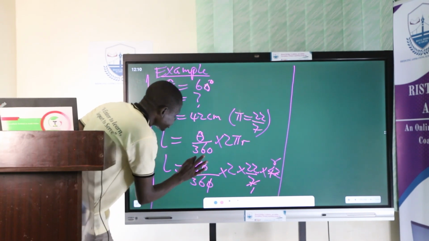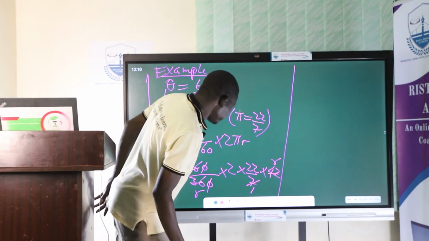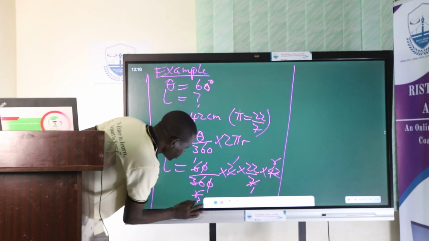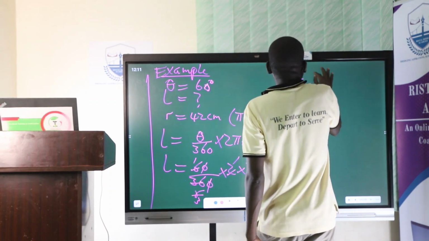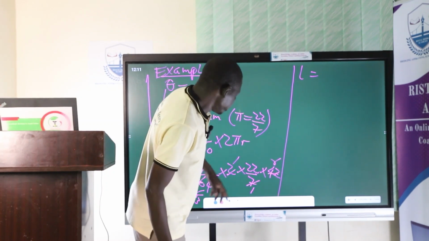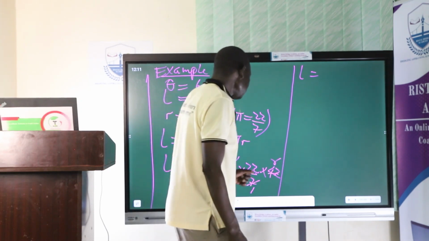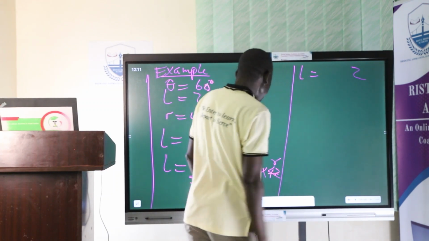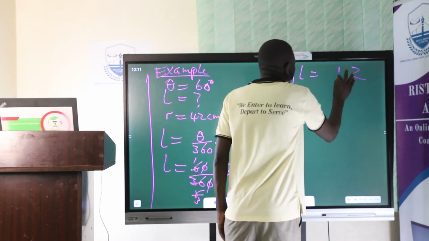By 2 once, 6 by 2, 3. So now our length of the arc will equal 1 times 22 times 6. So we shall have 22 times 6, which is 12 here, we carry 1, 13 out of 3. So our length will equal 132 over 3.